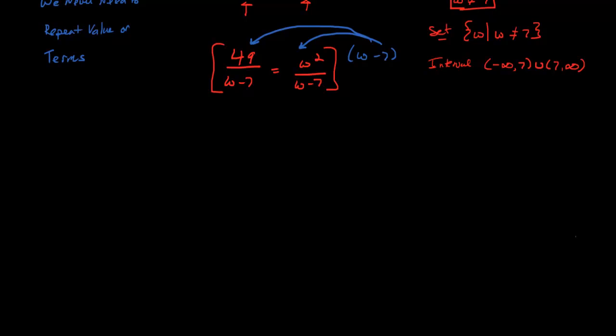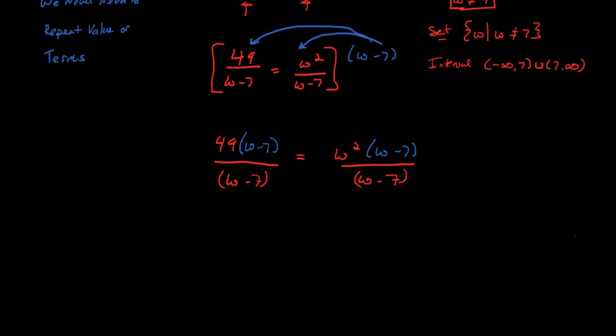So we have 49 times the value of w minus 7, still all over w minus 7, and that equals w squared times w minus 7 all over w minus 7. Let me make sure I make these 7s consistent.